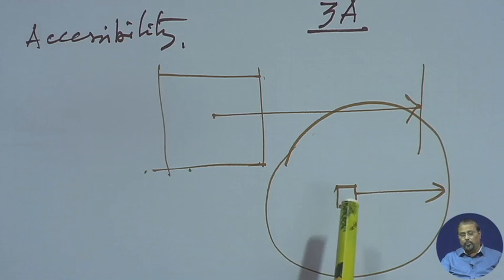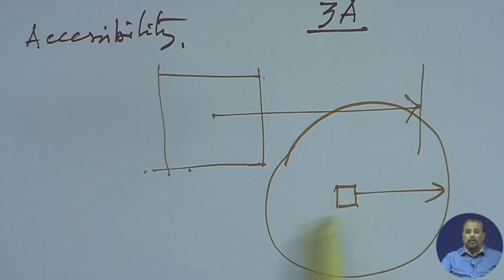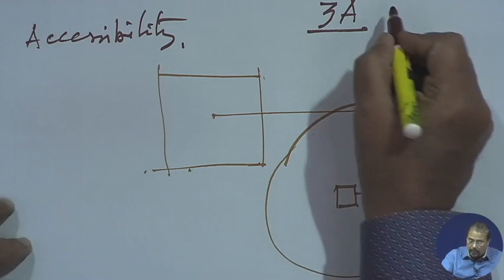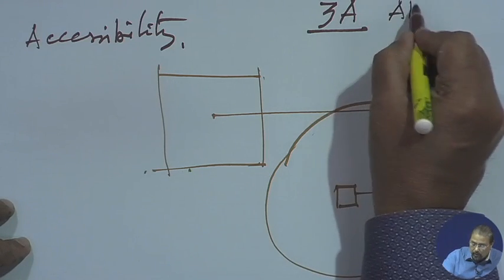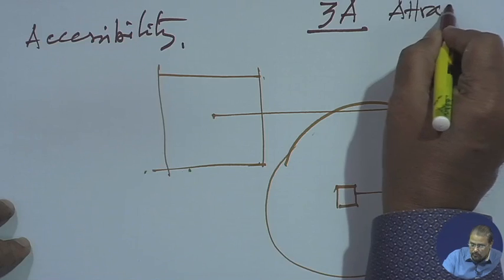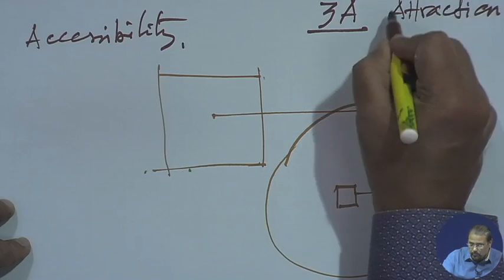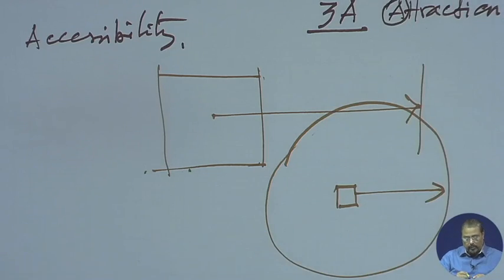First of all, you have to be attracted to this. That attraction will be offered by the intrinsic characteristics of that particular landscape project site. So the first A that comes is attraction.